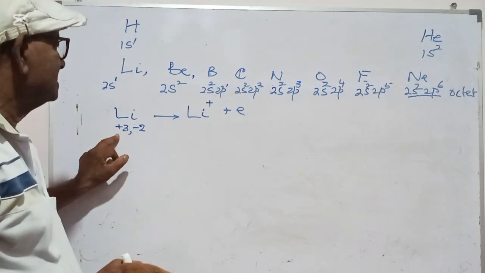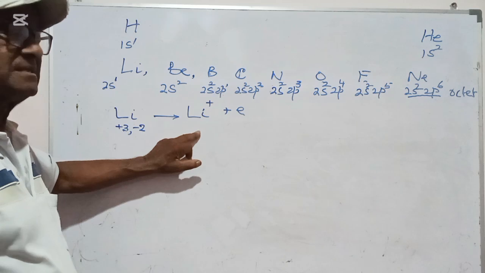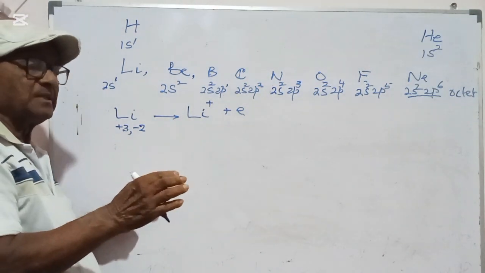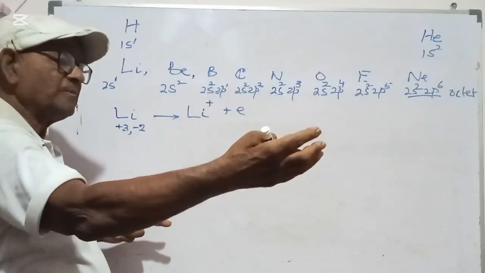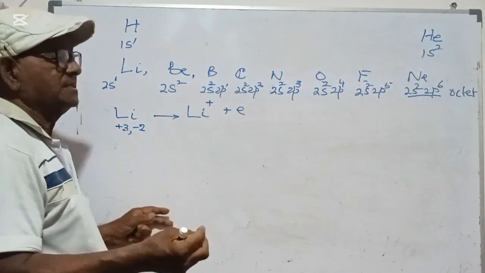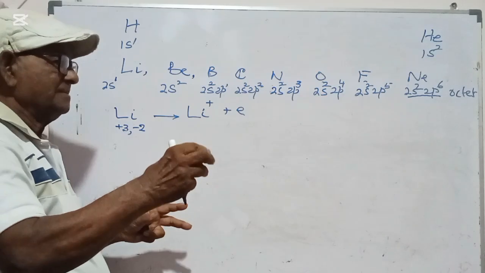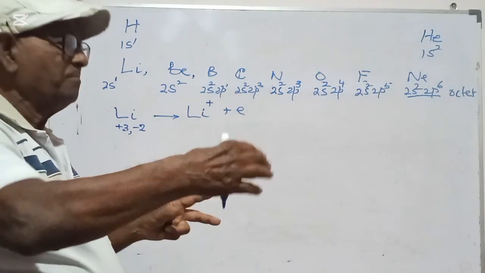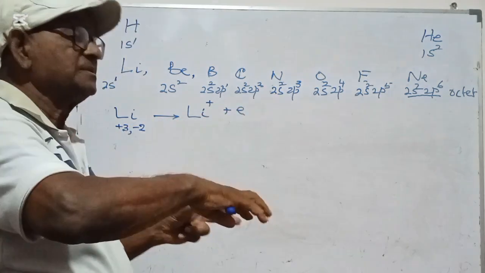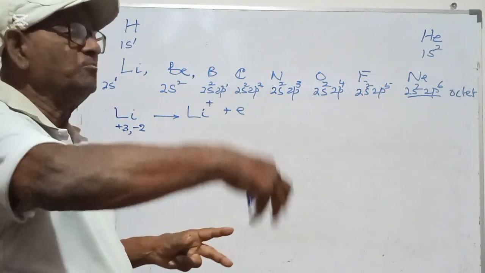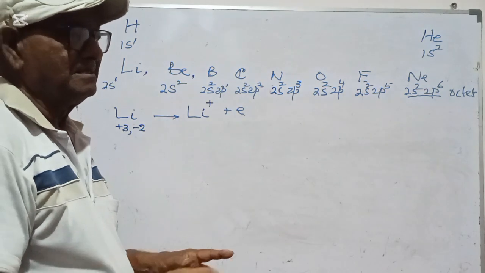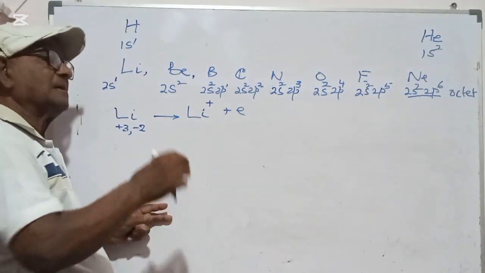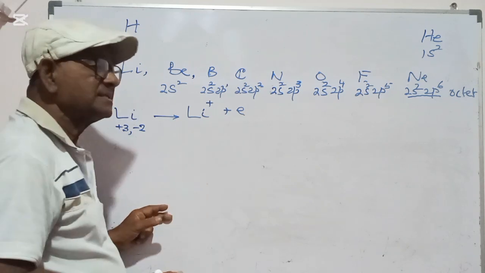The atom is neutral, but the ion has positive charge. All the positive ions are formed due to the removal of some number of electrons. The ion has excess protons equal to the number of removed electrons. Therefore, after the removal of electrons, they become positive ions.